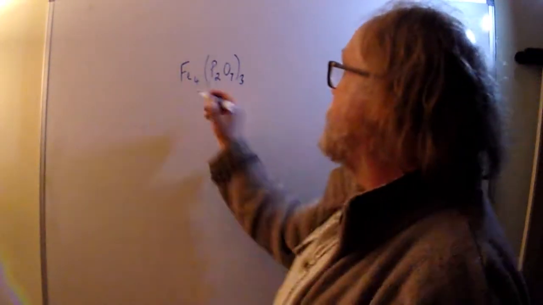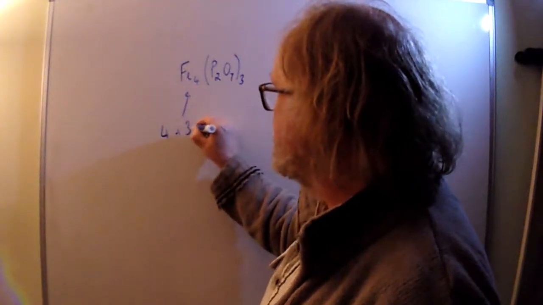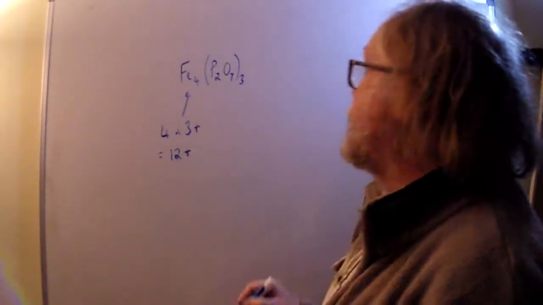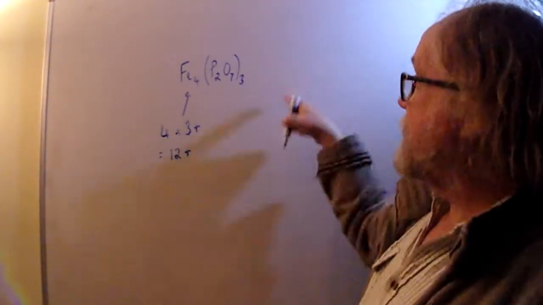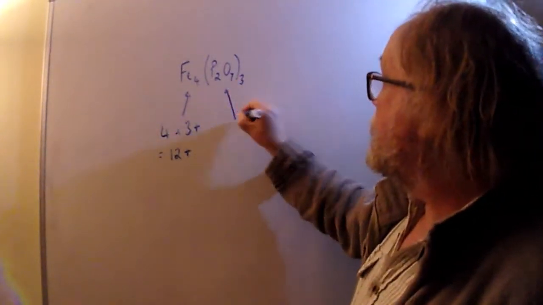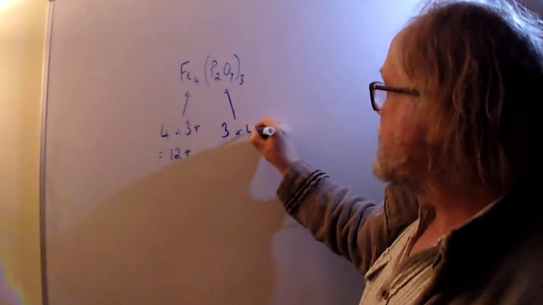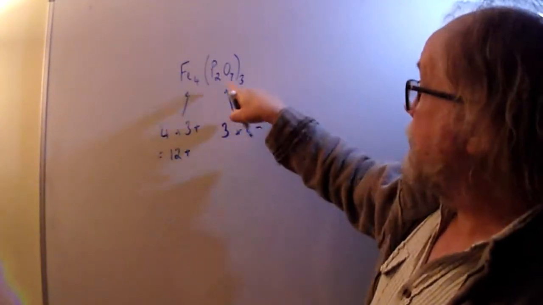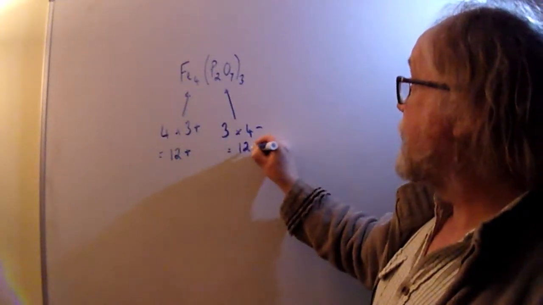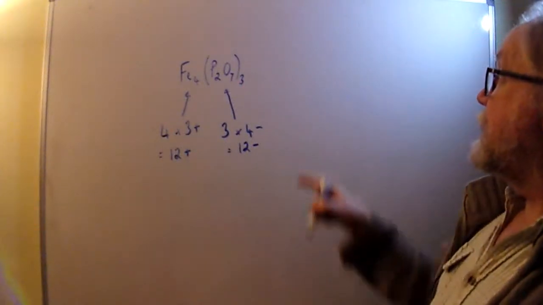So we know that we've got 4 lots of 3+ equals 12+, and therefore the negative ions must add up to 12-, so that the charges balance out overall. So we must have 3 lots of 4-, because we've got 3 pyrophosphate ions, so they must be 4- each to give you 12-, and that will balance the charges out overall.